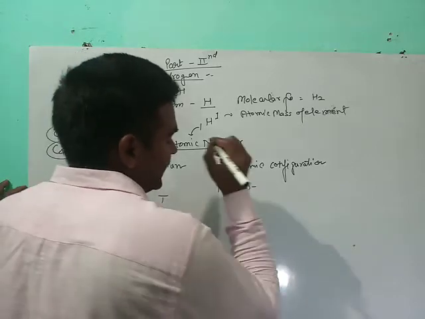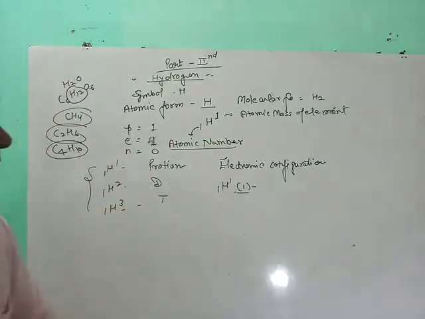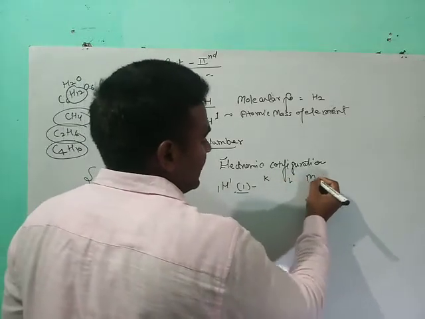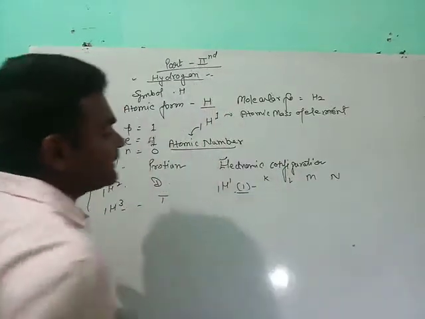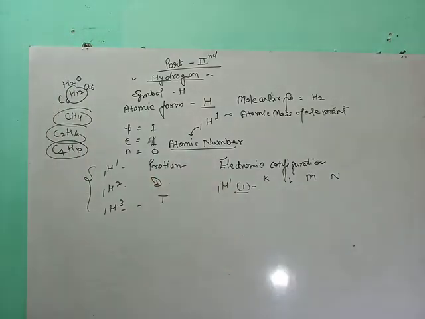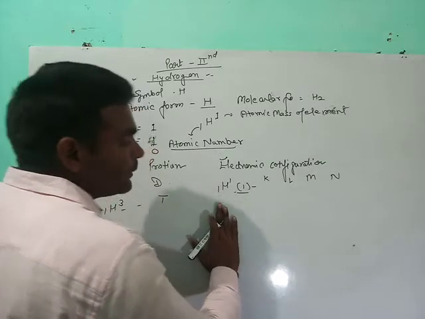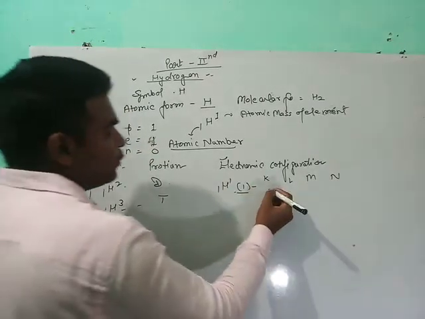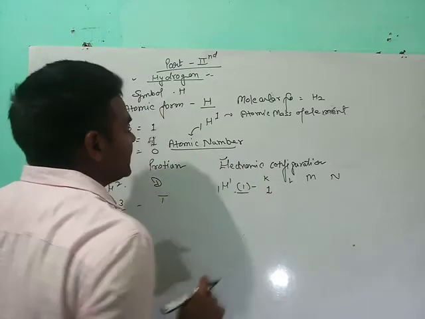The electronic configuration of hydrogen or any element can be given in two forms. First is the Bohr-Bury form, in which we give the electronic configuration in shells, that is K, L, M, N shells. So the electronic configuration according to Bohr-Bury rules is written as only one.